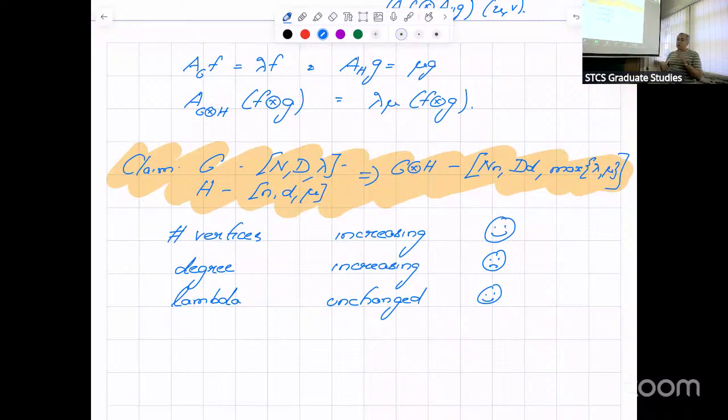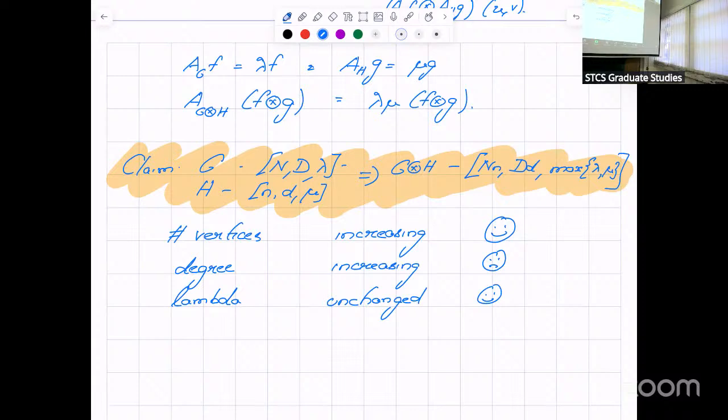So these are two operations. One lets you increase the number of vertices, the other lets you decrease lambda. But notice the degree in both cases has been increased. So both these operations are going to increase degree, whereas what I wanted was an operation which will keep the degree constant.